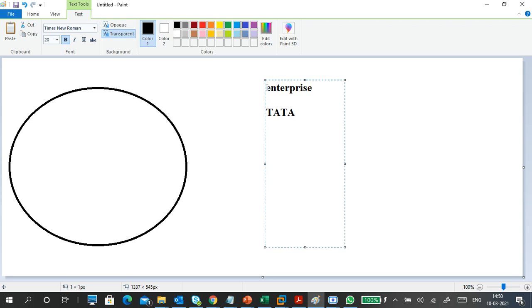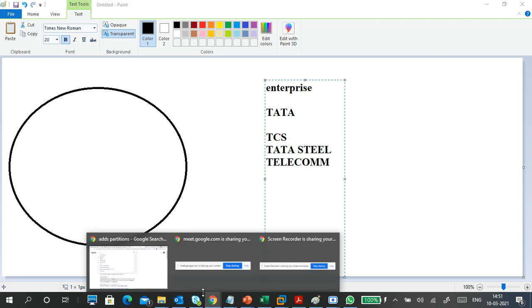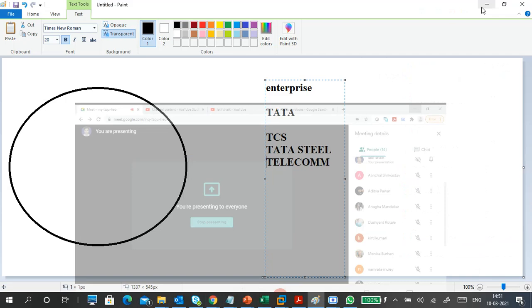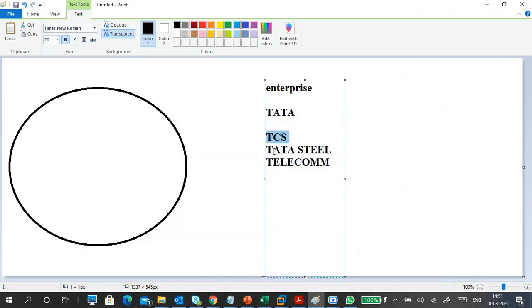For example, TCS, Tata Communication Services, Tata Steel, Tata Telecom.